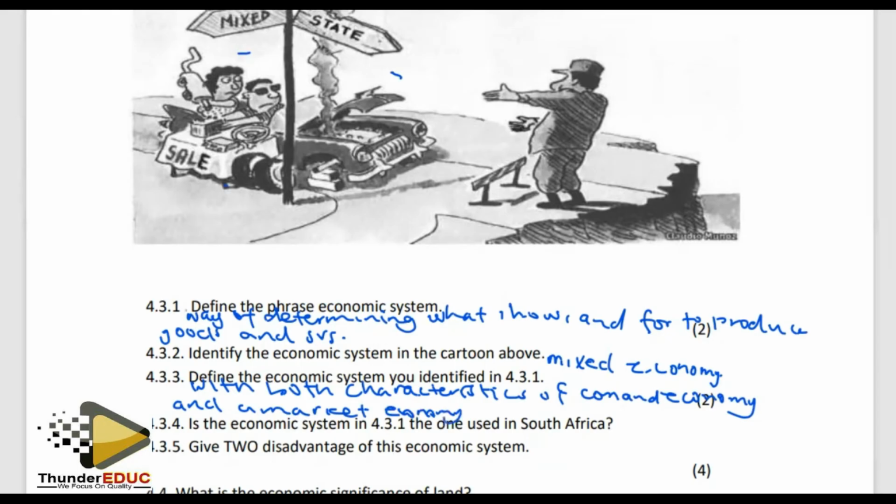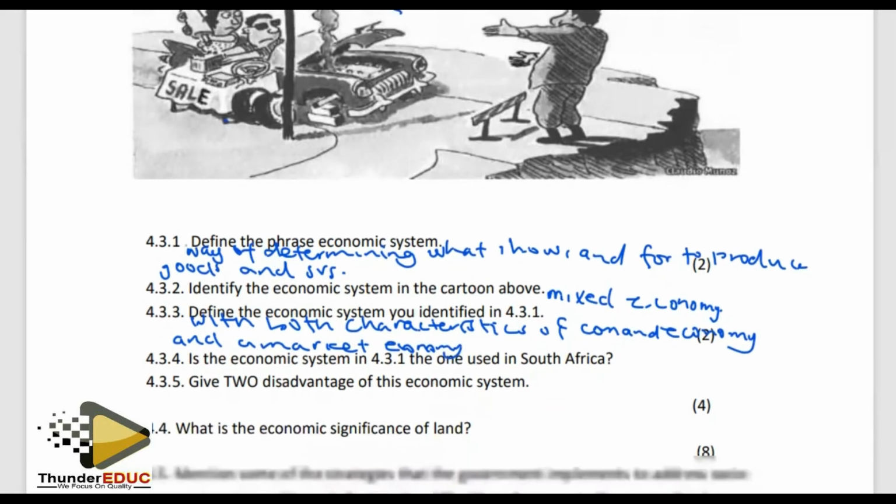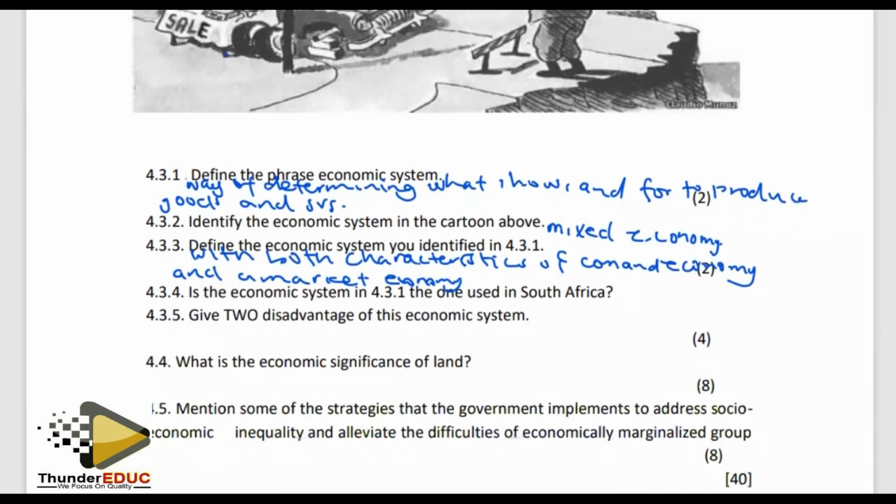It has two characteristics. That's why I say it is a mixed one. It has both the centrally planned economy and the free market economy. Is the economic system in 4.1 the one used in South Africa? Of course.